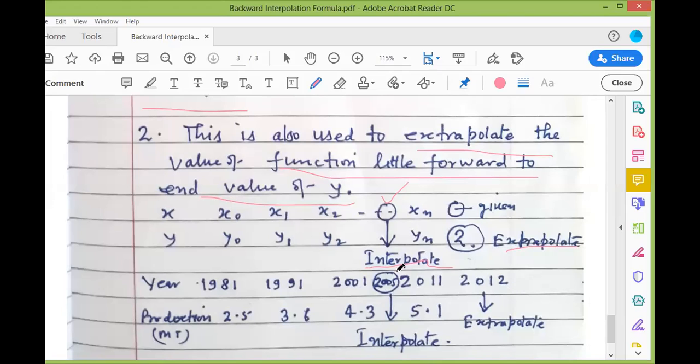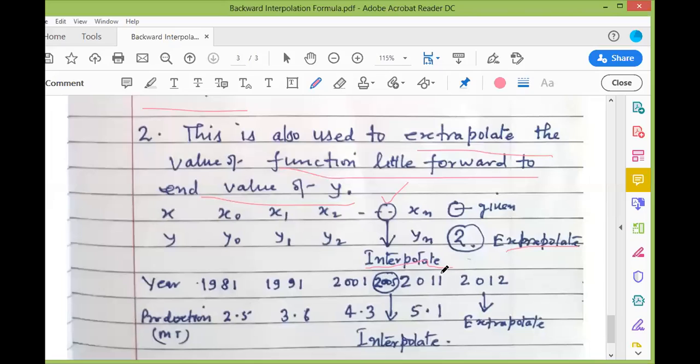If we talk about estimating the value of the function at 2005, this is the method of interpolation, and it is near the end, 2011. So Newton's backward interpolation will be used here, because it is near the end value.